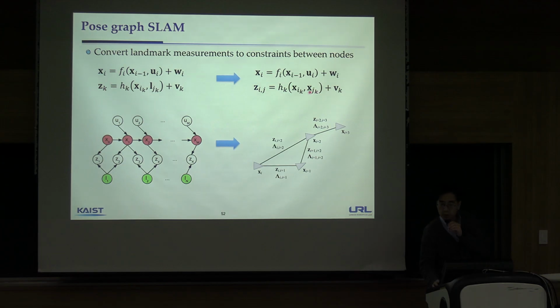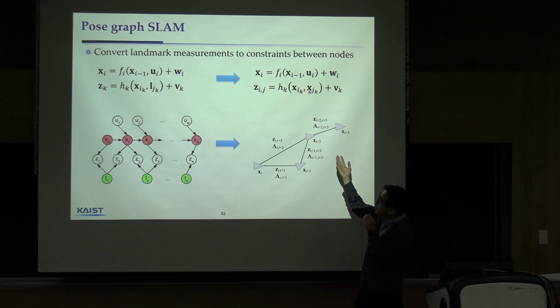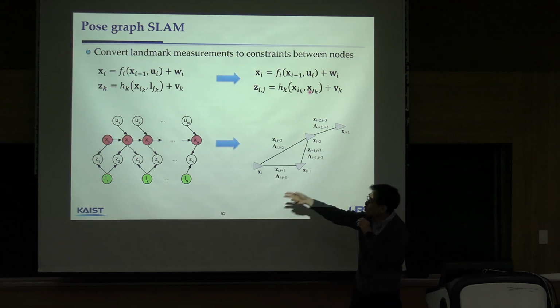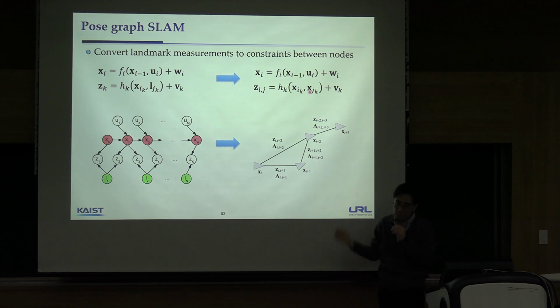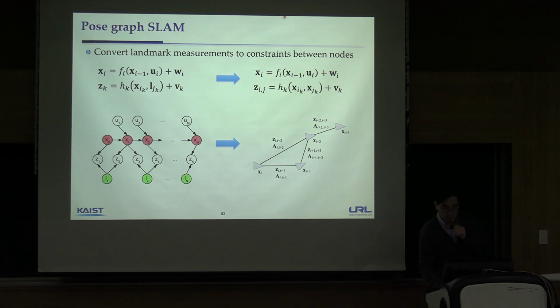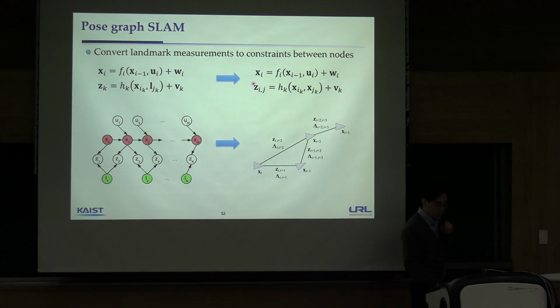Using that, we have the prediction of the relative transformation between them, and if we have the actual measurement, we compare this one to this predicted relative transformation. That's the difference. So using that, we can transform the original SLAM problem to the more convenient pose graph SLAM problem and solve this one quite easily.